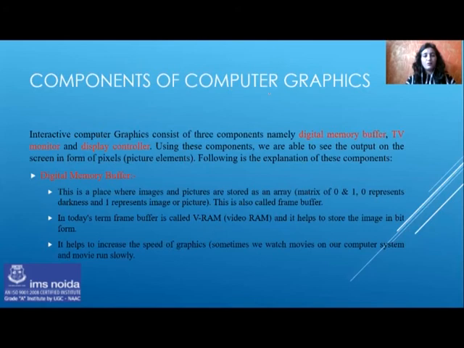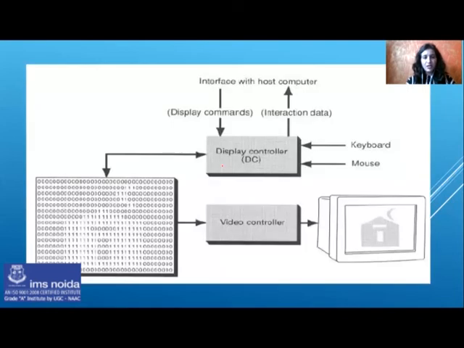The next is the components of computer graphics. Yes, this is important. In a computer there are lots of components. Let's see this diagram. There are various components: this is the frame buffer, this is the display controller, this is the video controller, and this is the keyboard.